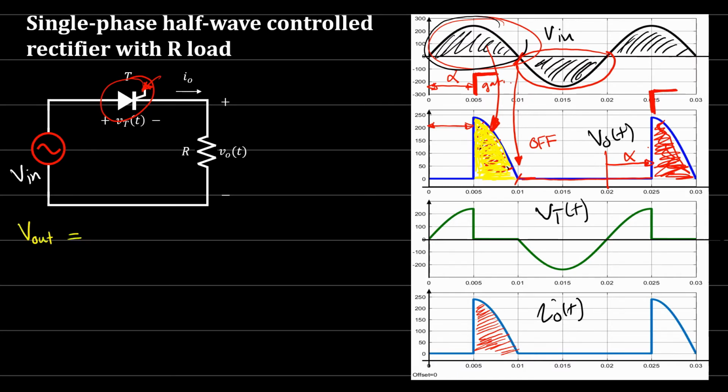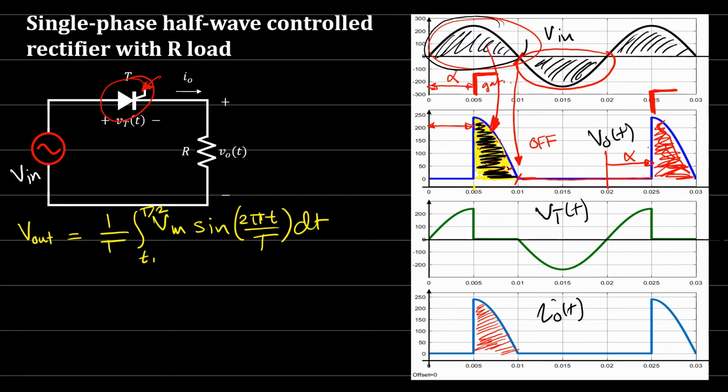The average integration from T1 until T over 2 of V maximum sine 2 pi T over T dt. And we have to divide by 1 over T. So here, to find the average for this portion, the average with respect to what?